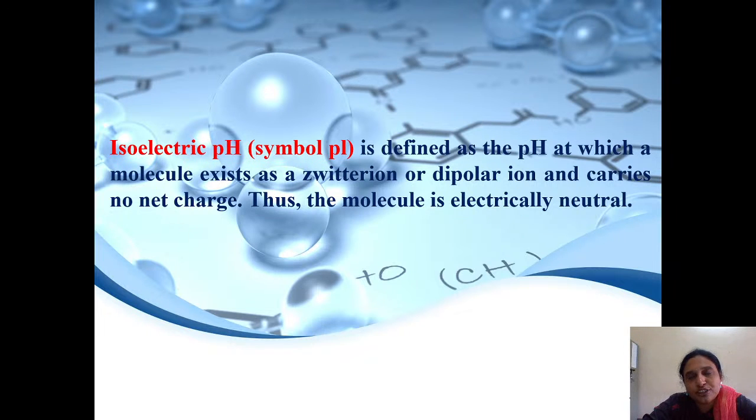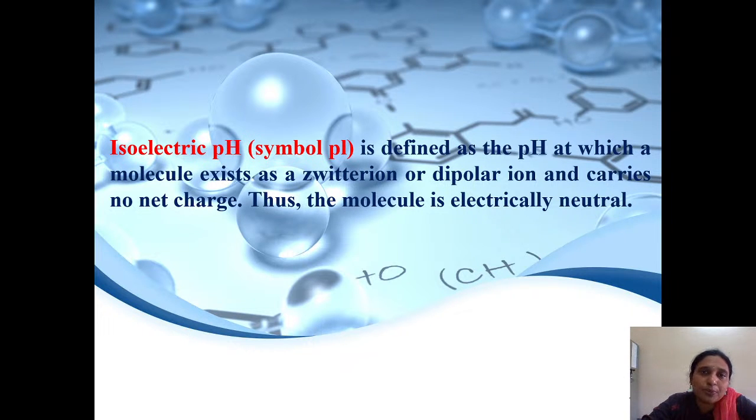So ultimately there is no net charge at the isoelectric pH. Each protein has its own isoelectric pH, represented by pI.